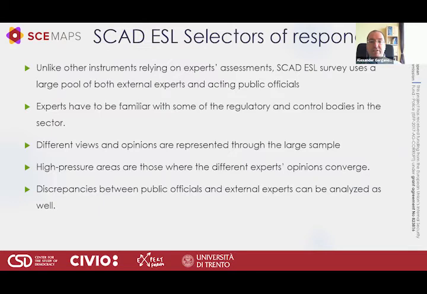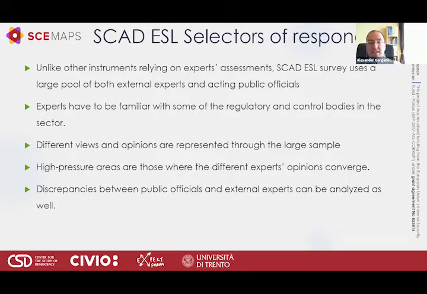Then the selection of the respondents follows the information gathered from the mapping report. And the idea here is to have as many experts as possible. The only requirement is that they are familiar with the sector and with at least some of the public organizations included in the list, because these experts are asked to assess the public organizations they are familiar with.